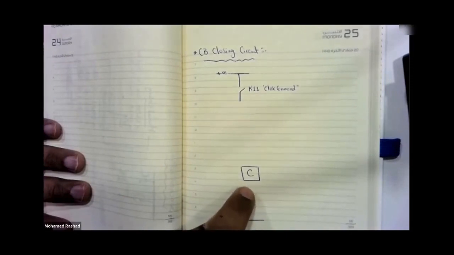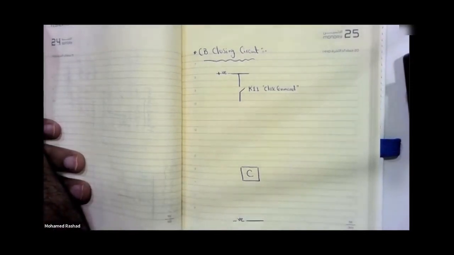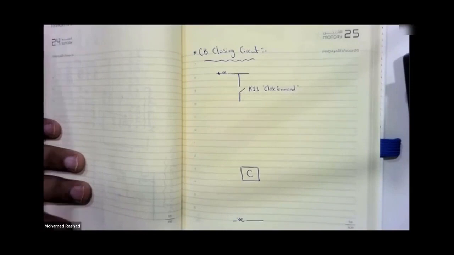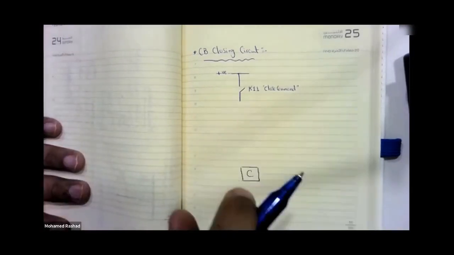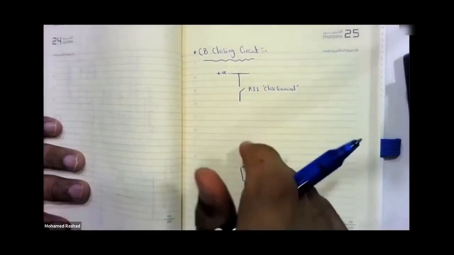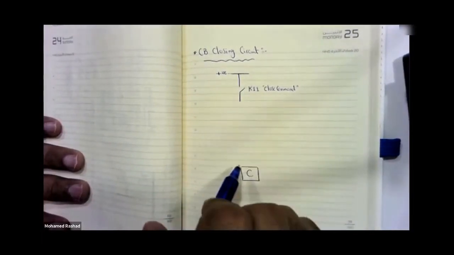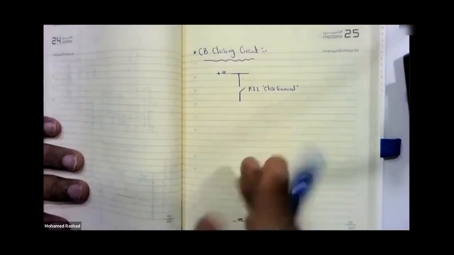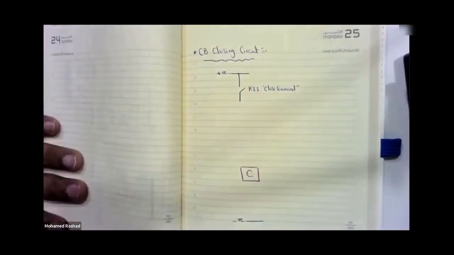Let me put it another way, with a better arrangement. I gave a close command to the breaker. If the breaker is originally open, what will happen? It will close. But if the breaker is already closed and you come and give another close command, what will happen?